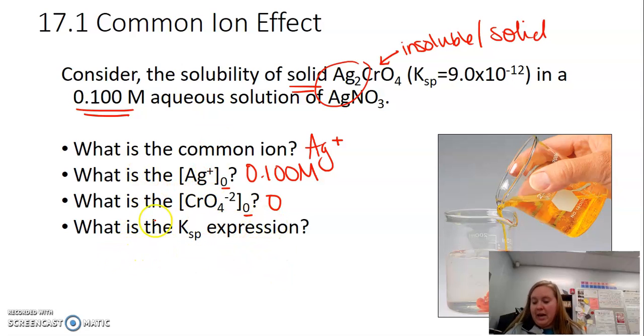So as this reaction happens, as equilibrium is reached, some of the silver chromate is going to dissolve.